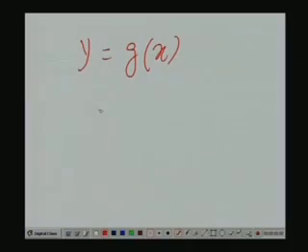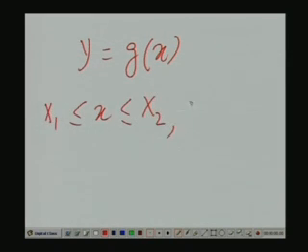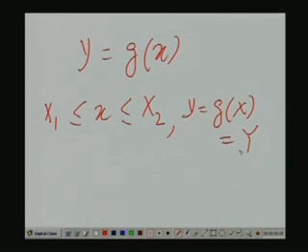we now suppose that for x less than equal to say x 1 and greater than equal to x 2, y equal to g x equal to some capital Y. Okay. That is, within this range y is fixed.